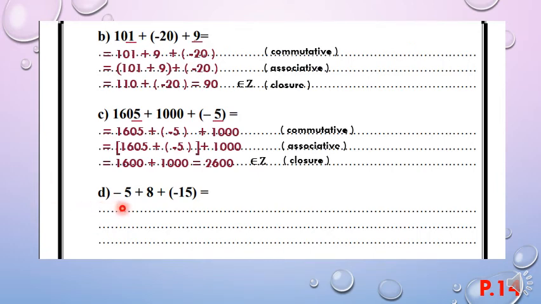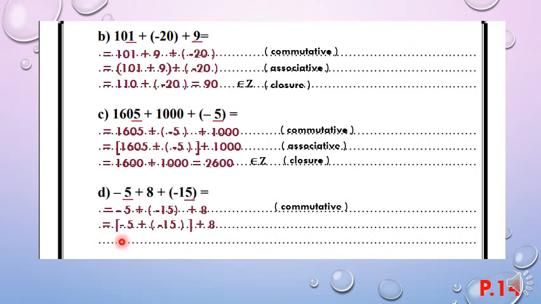Letter D, negative 5 plus 8 plus negative 15. Check the units. Here we have 5, here we have 5. So, equals negative 5 plus negative 15 plus 8. When we switch the places, it's called commutative. Now we are going to put these two numbers together between brackets, which is called associative.